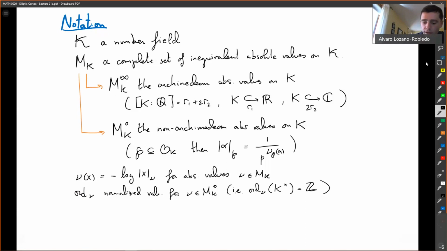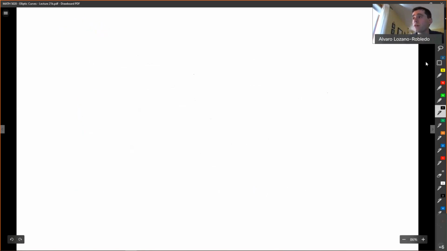I'm going to write R. I'm not going to have a lot of space here, so I'm going to move to the next page. I'm going to write R, since I think Silverman writes R for the ring of integers, but most of the times I write O_K for the ring of integers of K, so you might see that come up.